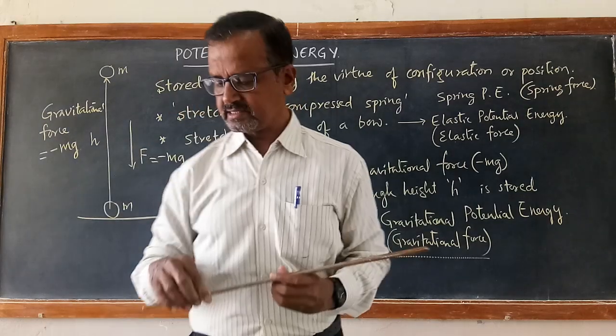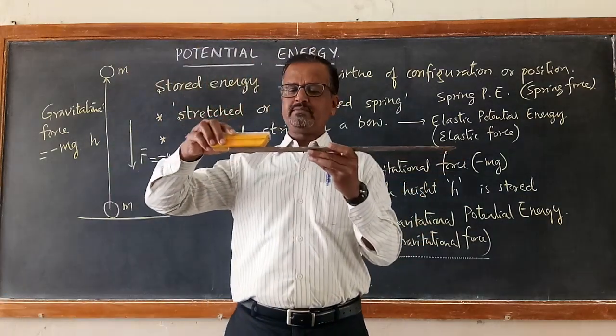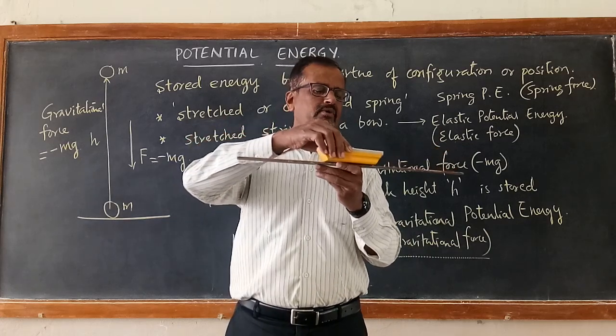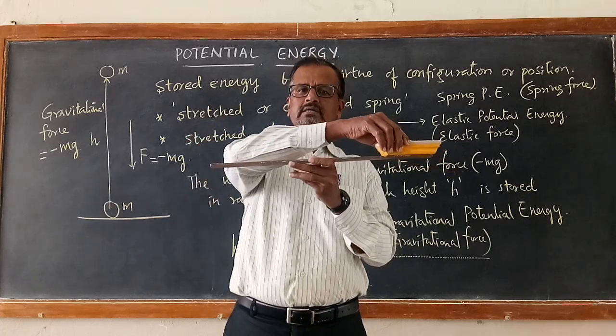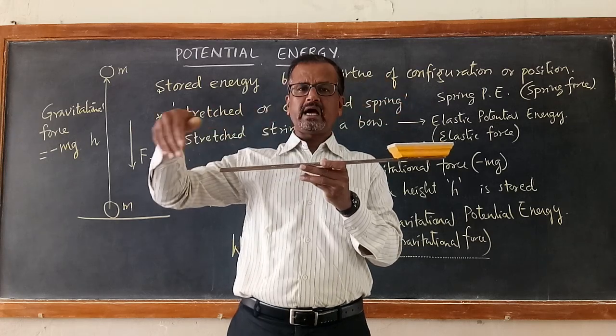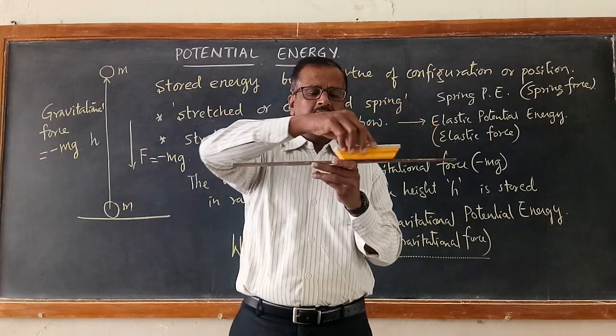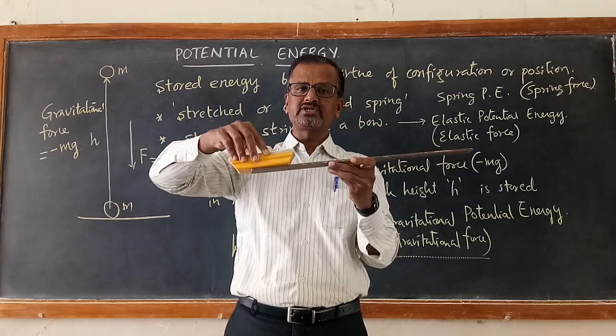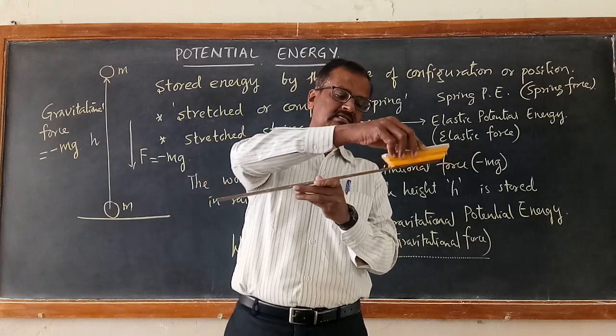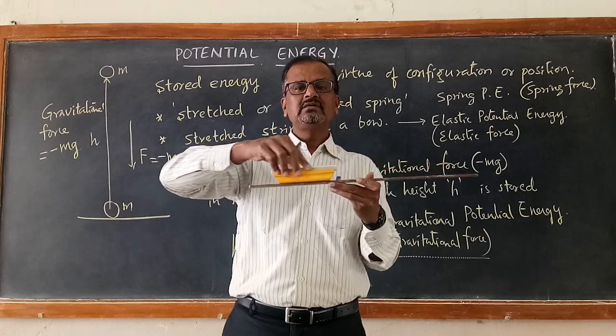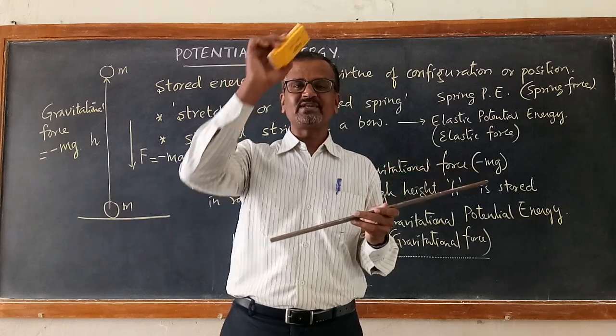For example, this is the surface on which I am moving the duster. If I move it from this end to this end, I have to do work. The duster cannot come back again on its own. If at all I want to bring it back, I have to do work against the friction. So work done against friction is not stored in the form of potential energy.